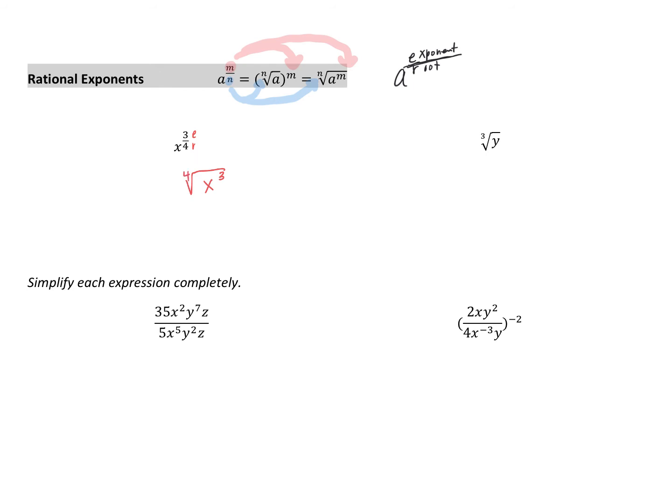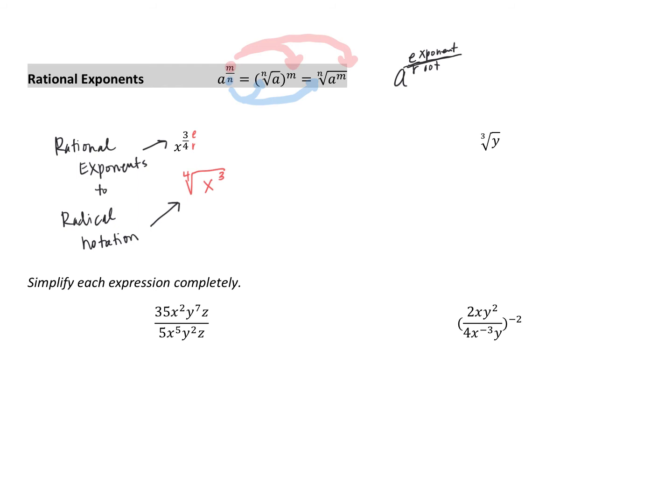And that would be how I would write that in radical notation. So I'm taking it from rational exponents to radical notation. So let me write that out. So this is rational exponents to radical notation.